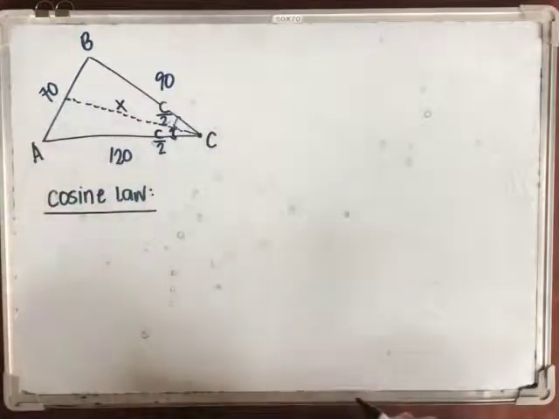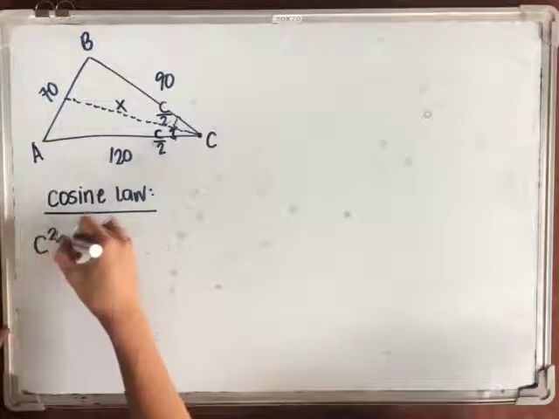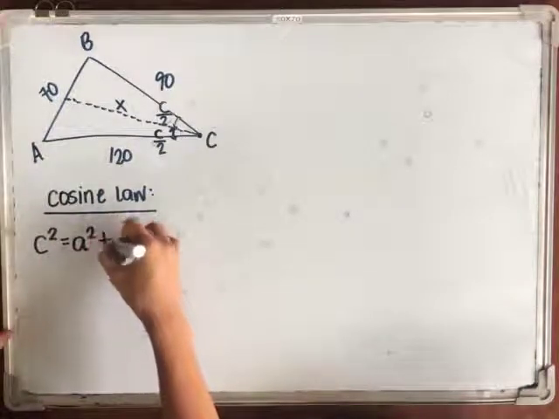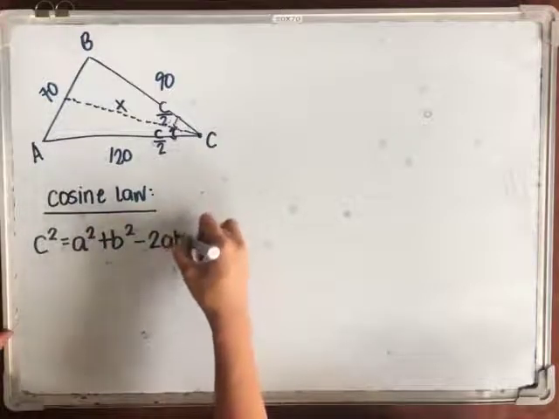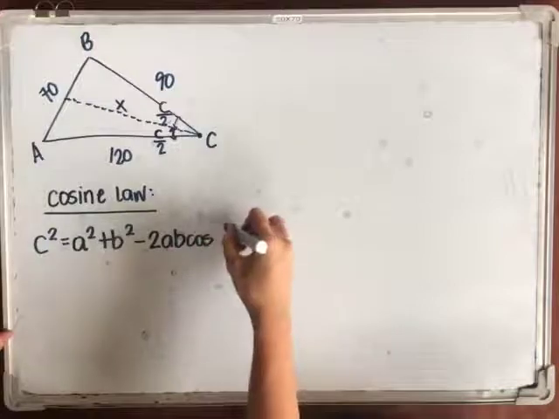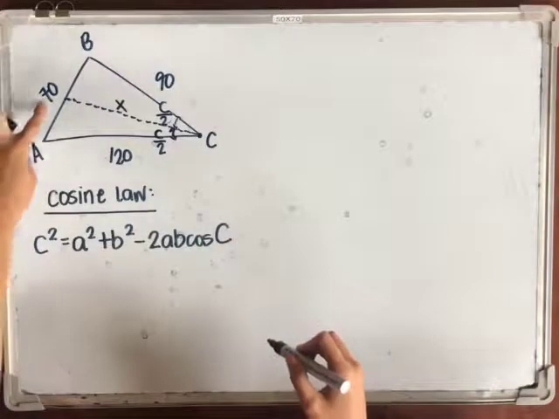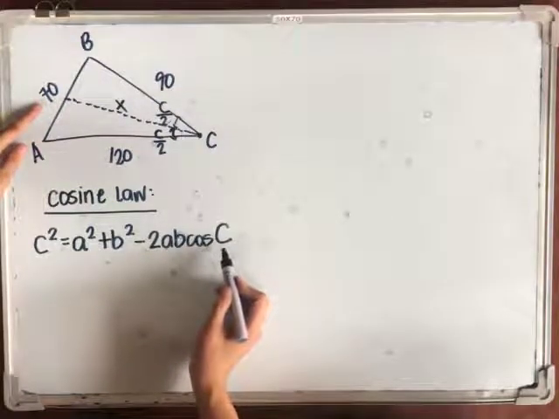How do we use our cosine law? The cosine law formula says that c squared is equal to a squared plus b squared minus 2ab cosine of angle C. Okay? C squared natin in this case is 70 because yan yung harap ng angle na hinahanap natin, no?